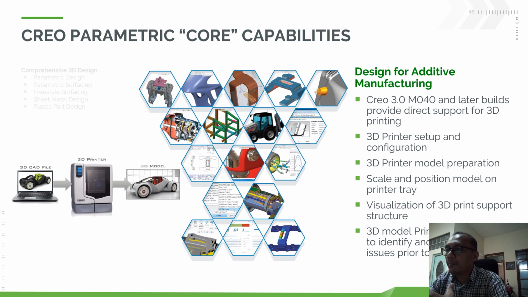The functionality makes it possible to define and configure a 3D printer, allowing the user to directly print Creo parametric part and assembly models, and to facilitate the 3D printing process, new technology is provided to quickly scale and position the model on the printer tray. Additional setup capabilities allow the user to visualize or estimate the required support structure, and printability validation tools also ensure thin walls and narrow gaps can be identified and resolved for 3D printing.